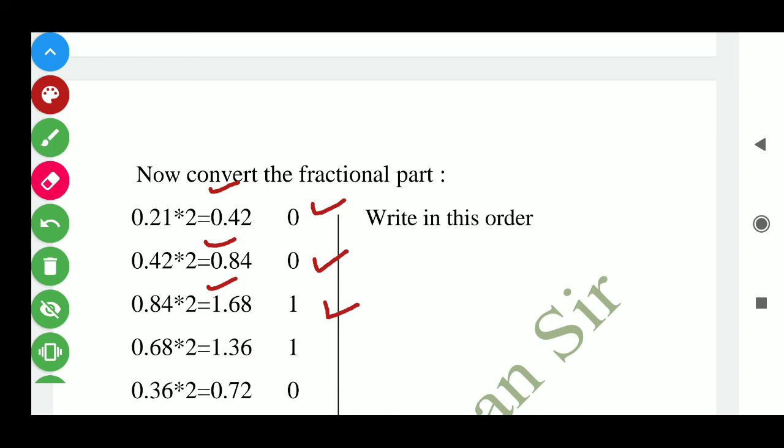Then multiply 0.68 by 2, that is 1.36, so the integer part is 1, write there 1. Then 0.36 multiplied by 2 is 0.72, your answer is 0.